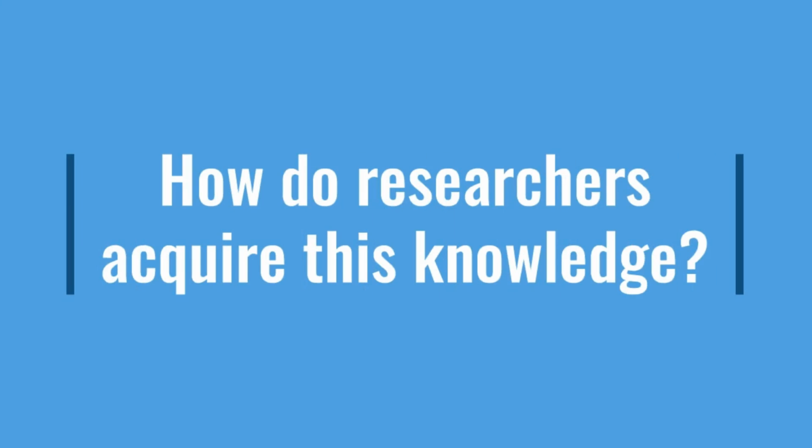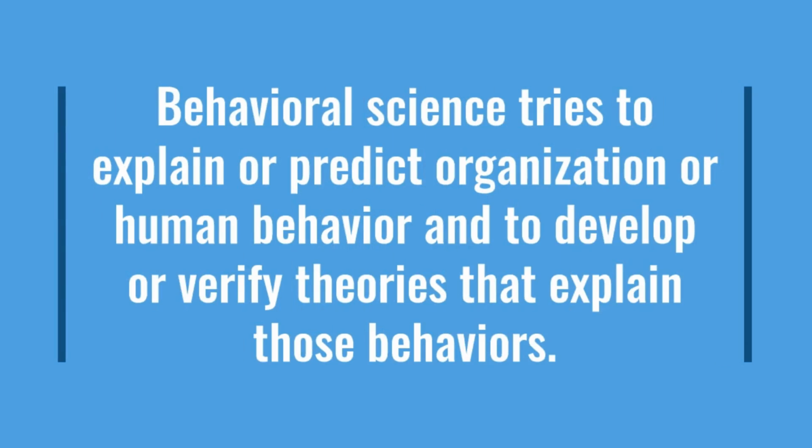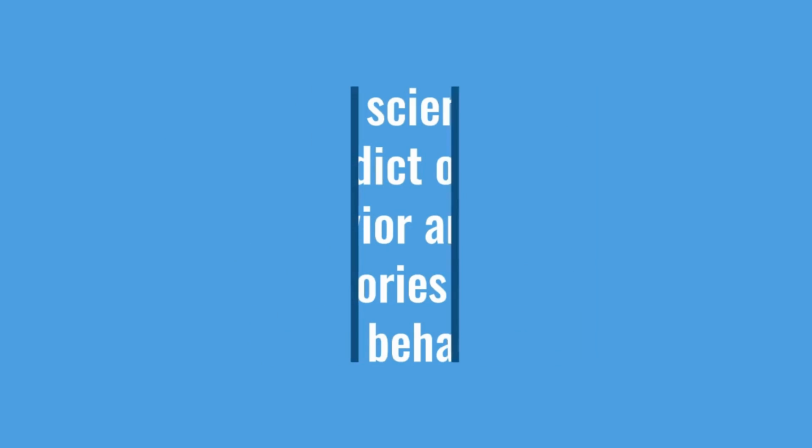So let's talk about how researchers acquire this knowledge. Information system research is comprised of two main types: behavioral science and design science. Behavioral science tries to explain or predict organization or human behavior and to develop or verify theories that explain those behaviors.